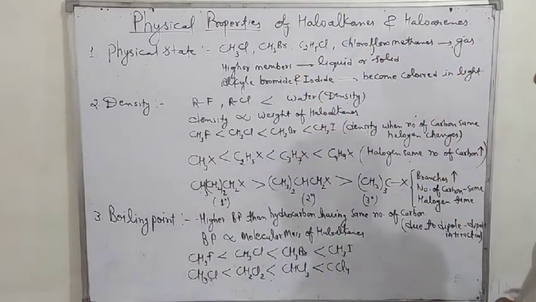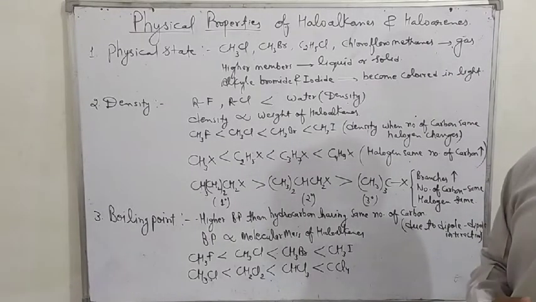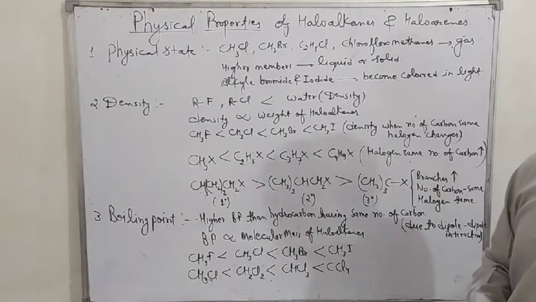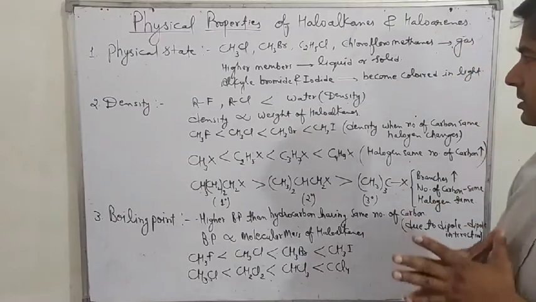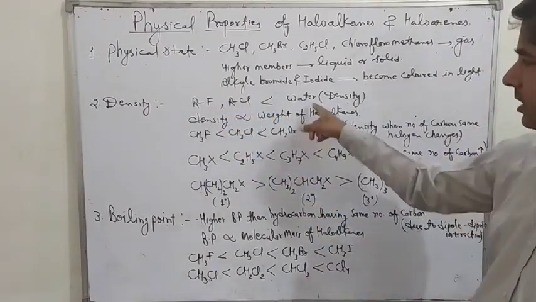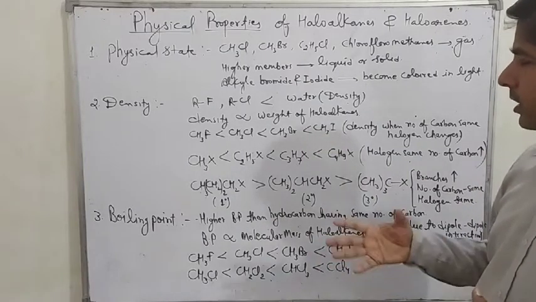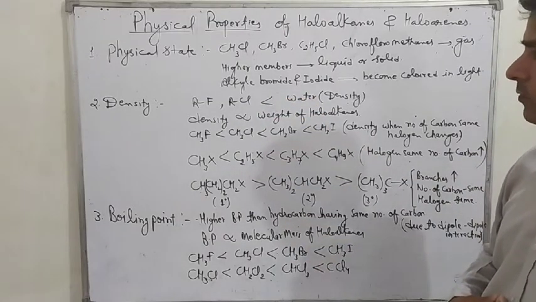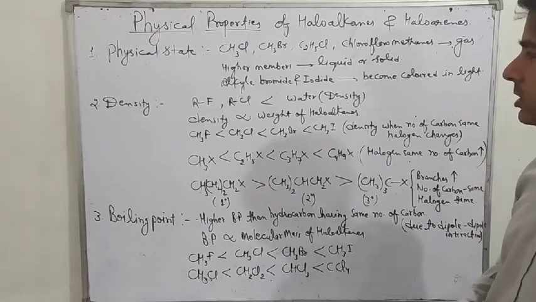If we talk about density, density is also directly proportional to the molecular mass of a substance. Here we can see the density of alkyl fluoride and alkyl chloride is less than water. So we can easily say that these compounds can float on water as their density is low.